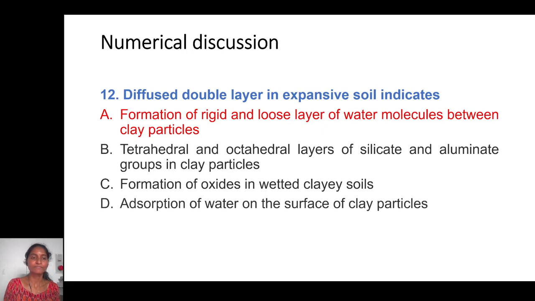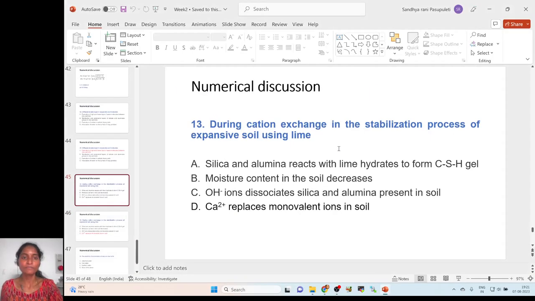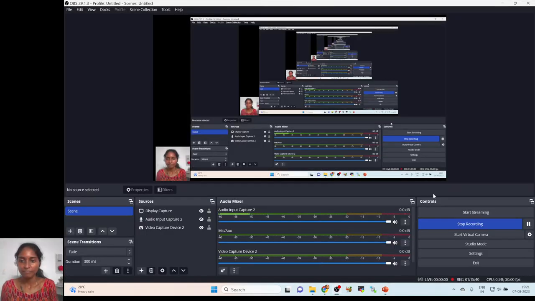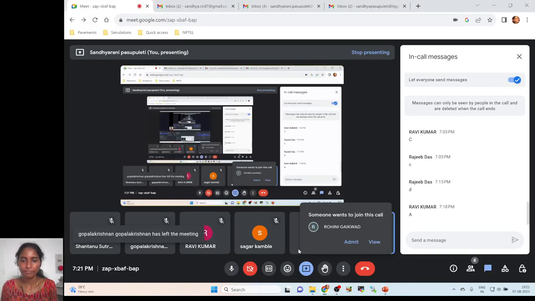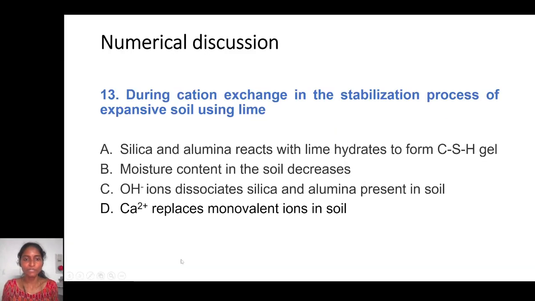For question 13, we have almost finished. We just have 2-3 slides, so we'll finish quickly. So during the cation exchange, I have lime, calcium oxide.